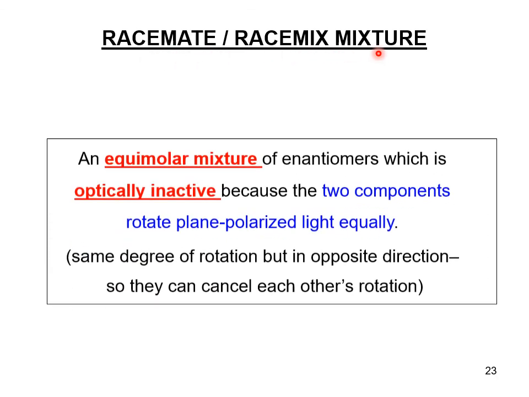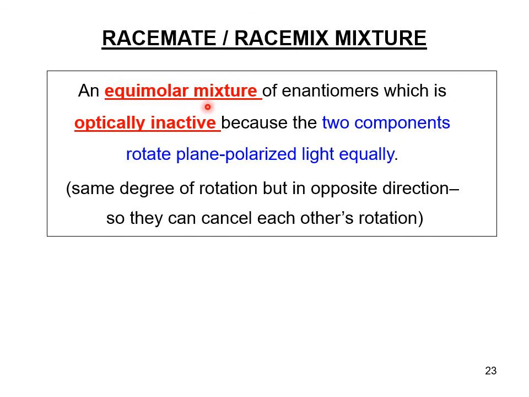The last topic of this video is racemic or racemic mixture. It's an equimolar mixture of enantiomers which is optically inactive. Why optically inactive? Because the two components rotate plane polarized light equally, meaning that they have the same degree of rotation but in opposite directions, so they cancel each other's rotation.